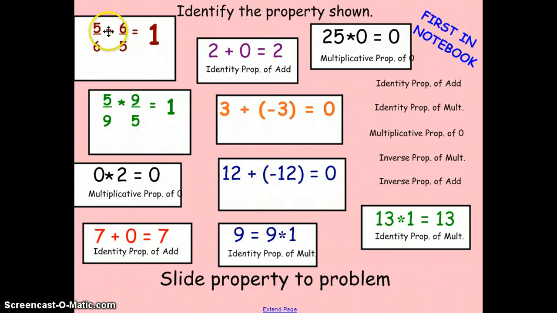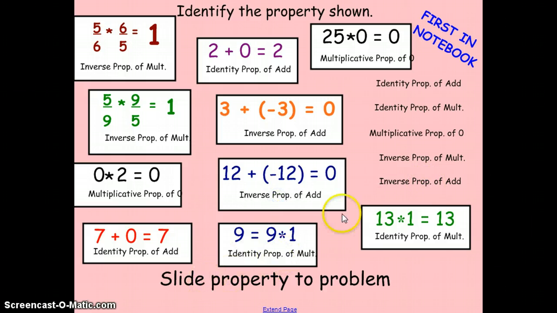So these two are multiplying, and we do have the reciprocals of 5/6 is 6/5, and 5/9 is 9/5. So that's going to be my inverse property of multiplication there. And then finally, I see that if I'm adding the opposite of 3, I get 0. So that gives me my inverse property of addition, and same thing here. So I hope you did well with that.